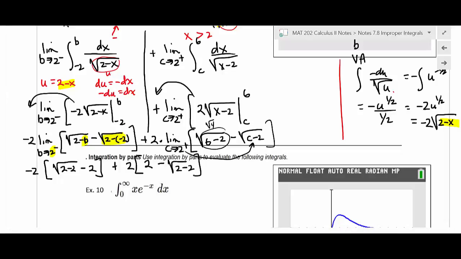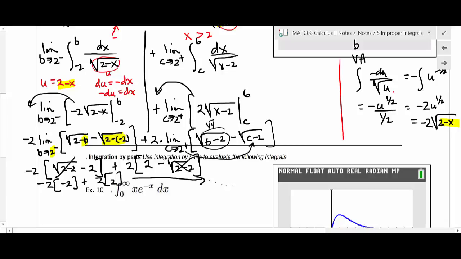It looks like what I'm going to have here is negative 2 times the square root of 0, which is 0, plus 2 times 2. So what you get is positive 4 there, plus 4, so that will give you 8. This particular improper integral is going to converge, and it's going to go to 8.